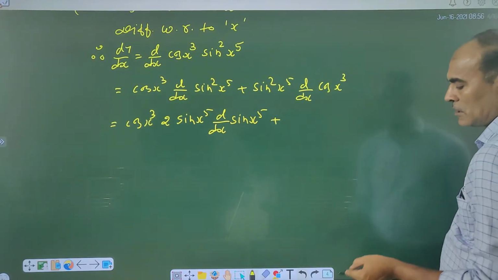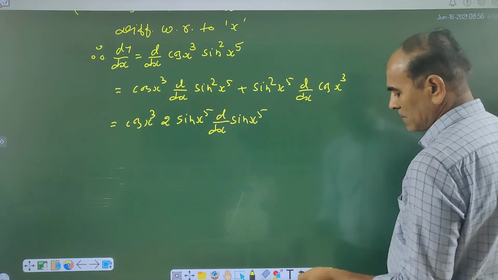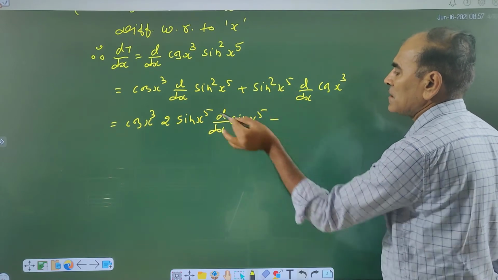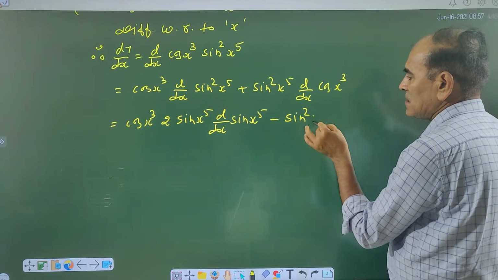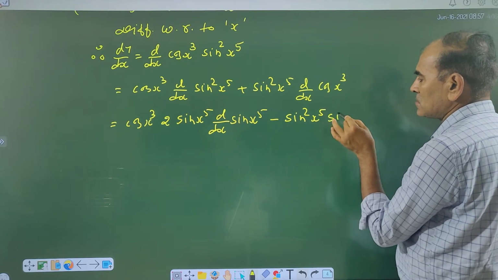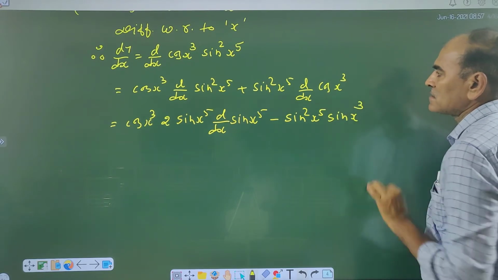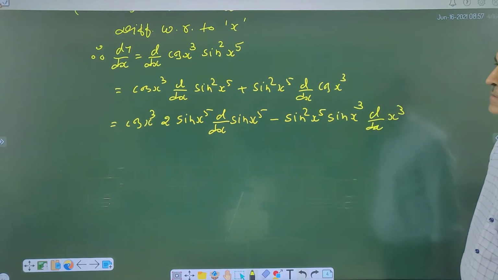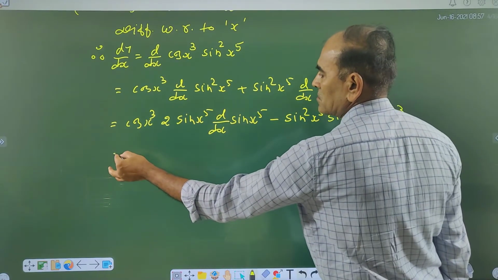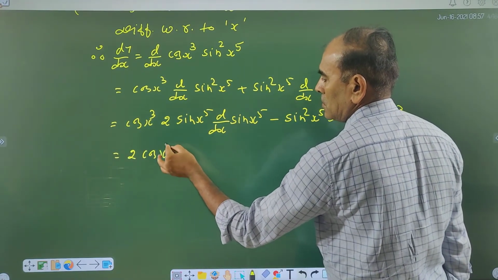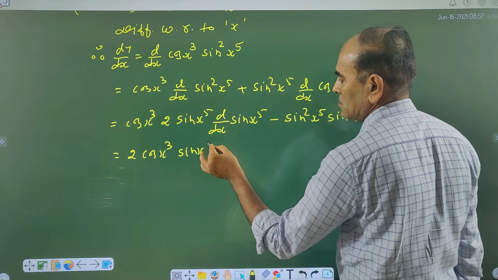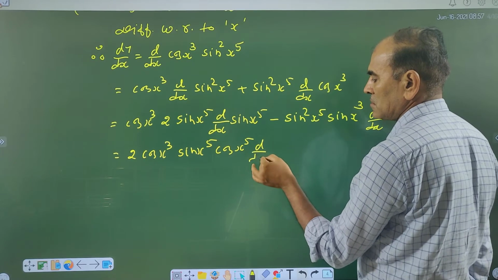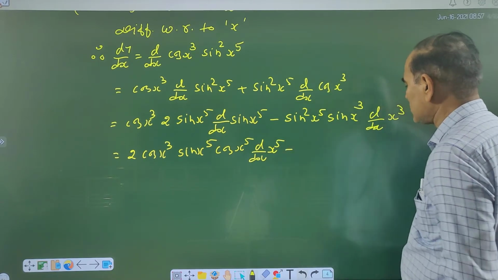Plus, whenever cos is there, then please do not put any sign. Cos of some function, so minus sign, so write first: sin square x raised to 5, cos of some function, sin of some function, d by dx of some function. Write first 2 cos x cube sin x raised to 5, sin of some function, cos of some function, d by dx of some function.